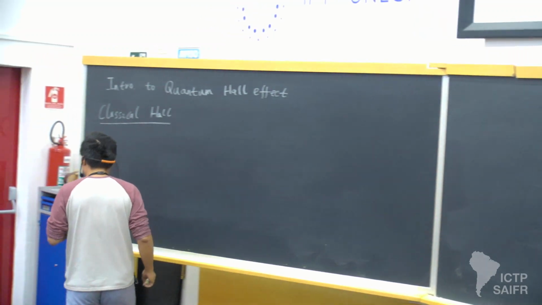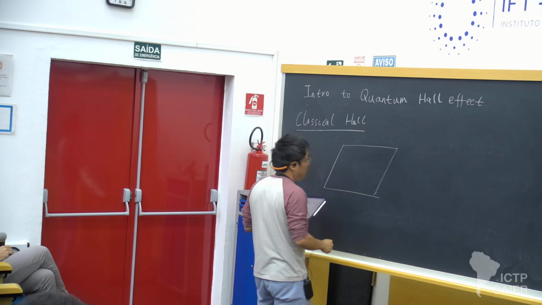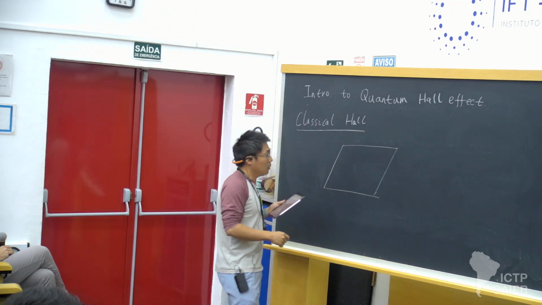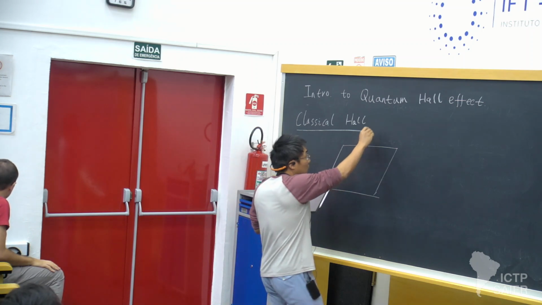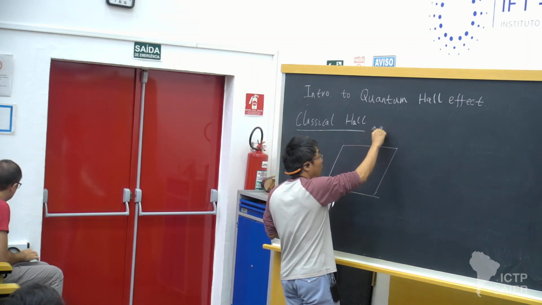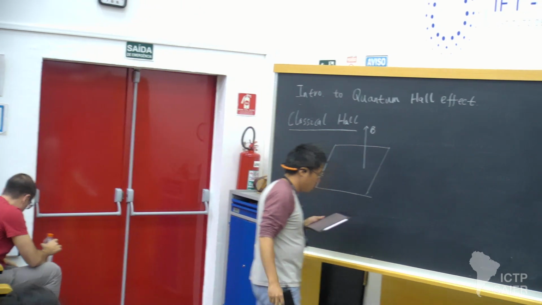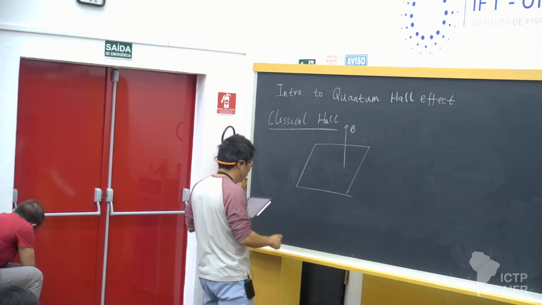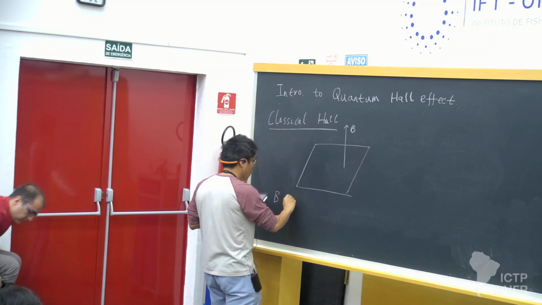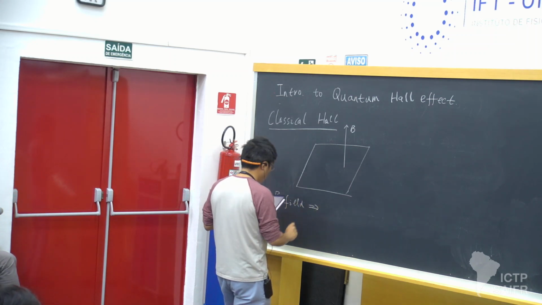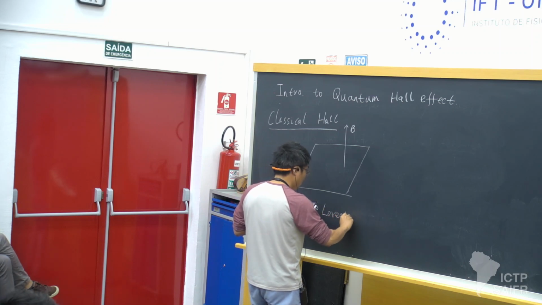The Hall effect happens in the context where, let's say, you consider a two-dimensional plane, and you have electrons moving on that plane, and you apply a magnetic field that is perpendicular to the plane. The upshot for the Hall effect is that the magnetic field, the B field, introduces the Lorentz force that we learned in high school.